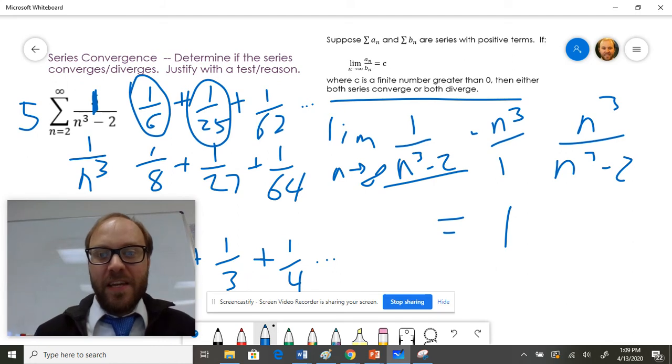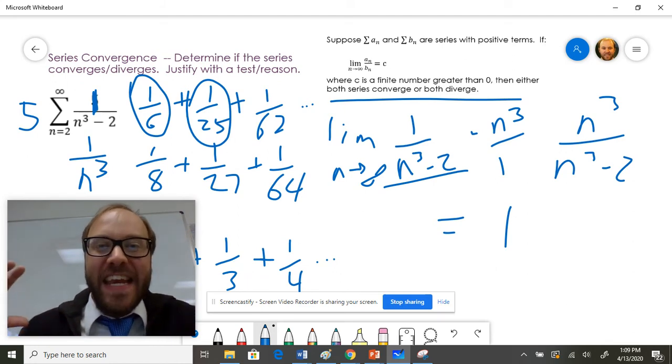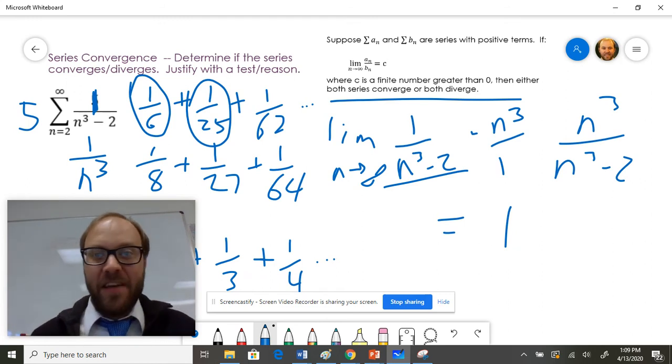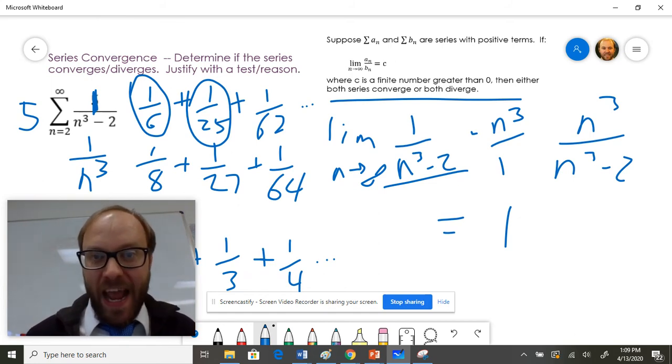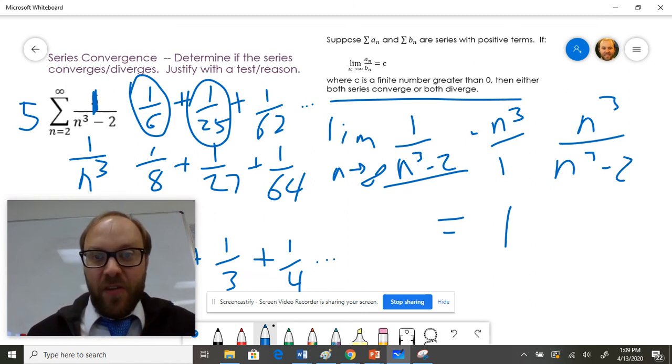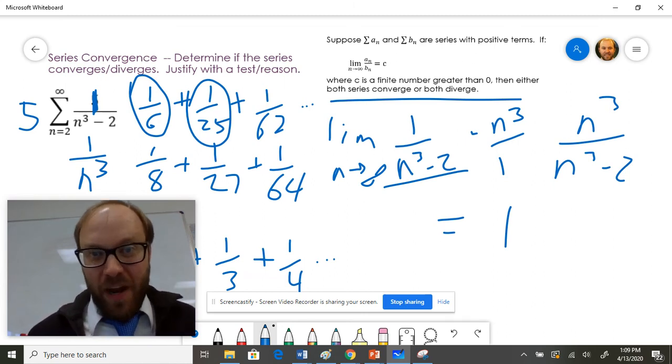And here's what the limit comparison test says. If you get any constant, okay, it doesn't have to be 1, it can be 2, it can be a half, it can be a fifth. But if you get a constant, those two series will behave the same way. For example, if I had 1/2 instead of 1, you're basically saying the denominator series is behaving the same way as you go farther out as twice the numerator series.